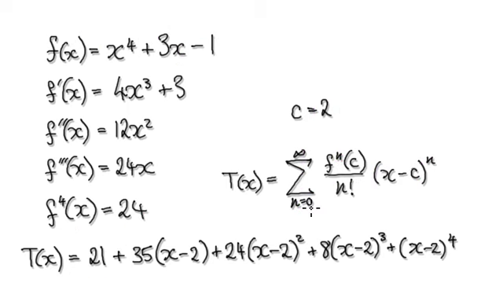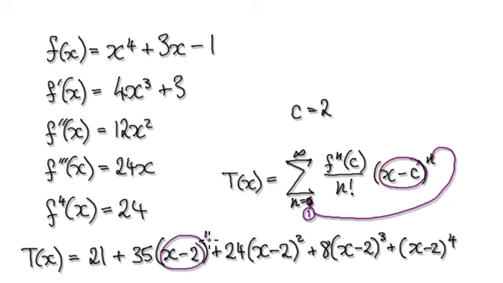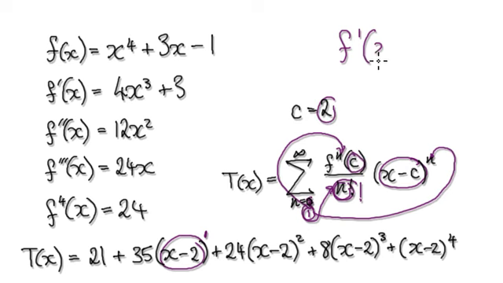Now for the second term, you put n equals 1 into here. So you have this thing to the power of 1. Put 1 into here. 1 factorial is 1, so that would be 1. And then put 1 into here. So f of 1 really means your first derivative evaluated at 2.